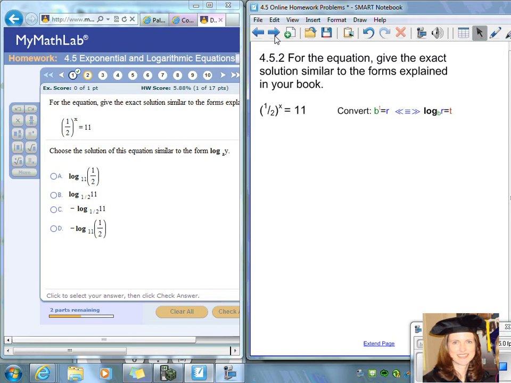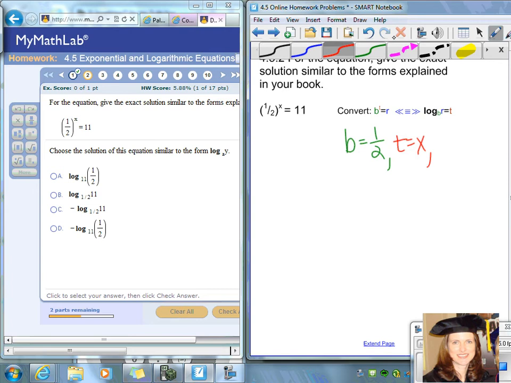The base is equal to 1/2, the exponent is equal to x, and the argument is equal to 11. So the base b is equal to 1/2, the exponent t is equal to x, and the argument r is equal to 11. So we have base to the x power equals 11.